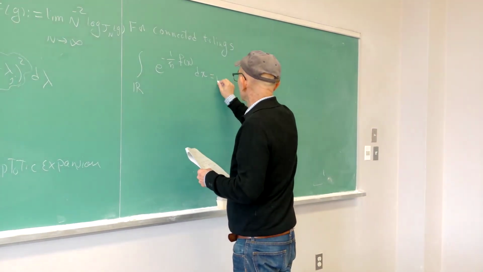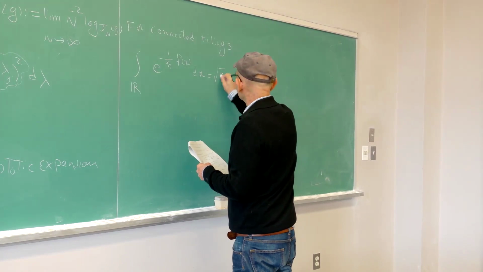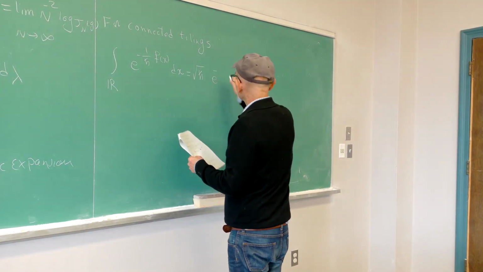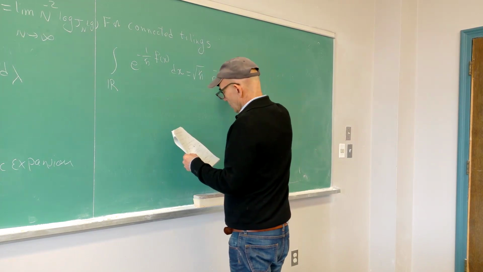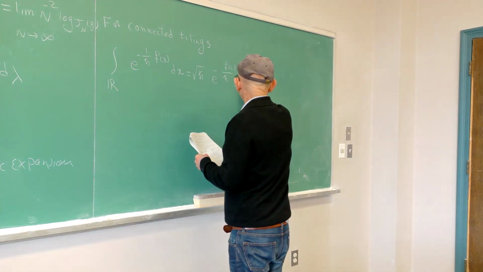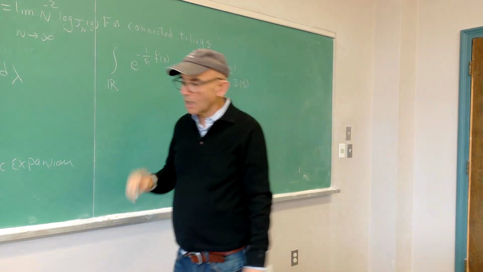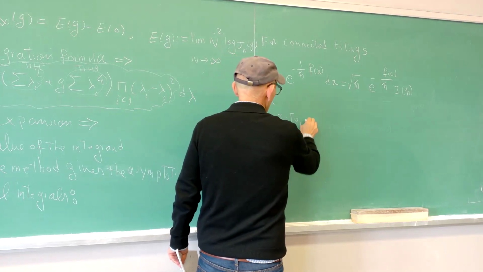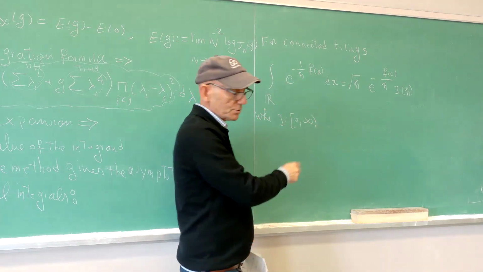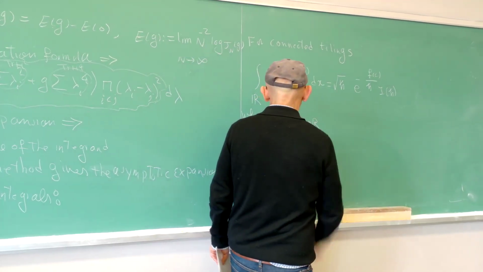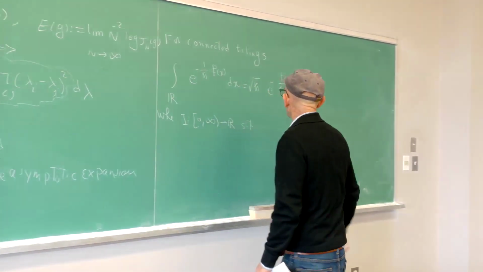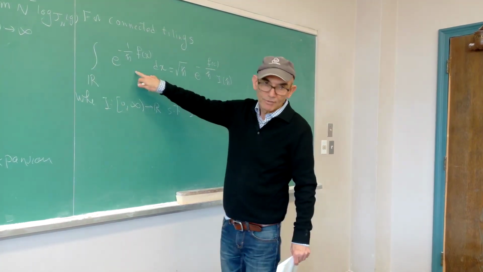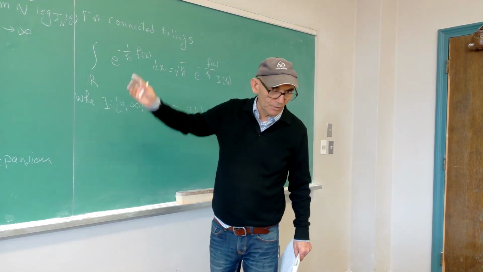we saw that this is equal to root h bar, exponential of minus f of c over h bar, I of h bar, where I of x is a smooth function from there to R, such that I of 0 is essentially the value of the Gaussian integral that corresponds to the minimum of this function f of c.